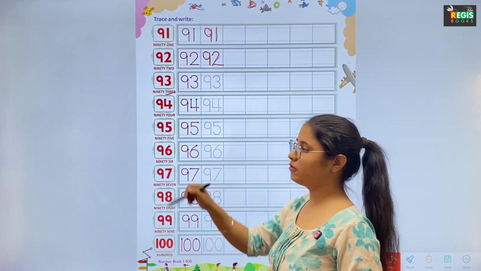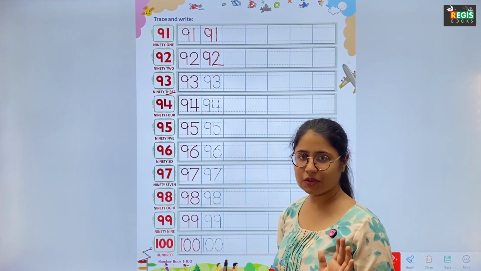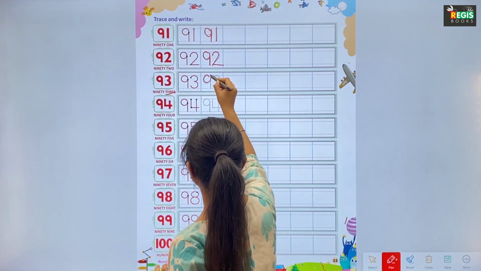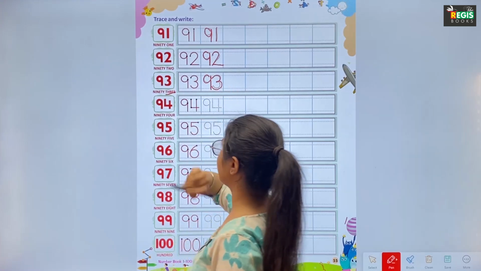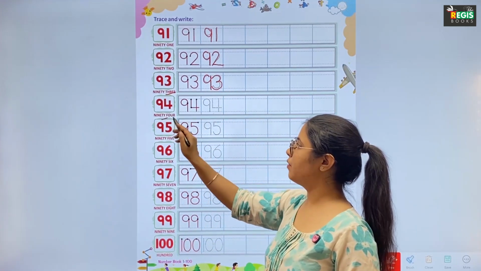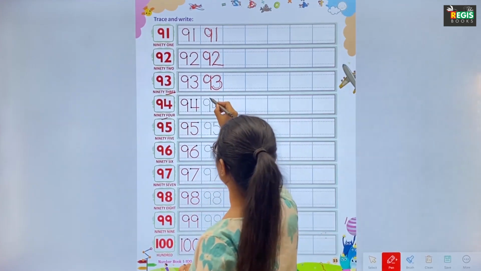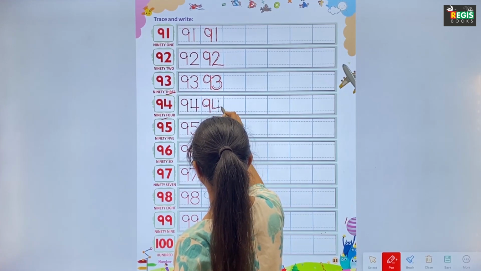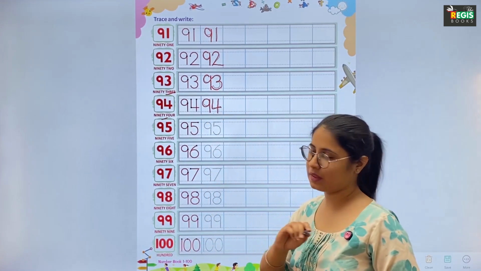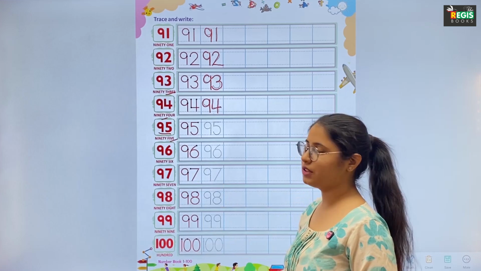93, by writing 9 and 3 together. 93. 94. 94. 95.